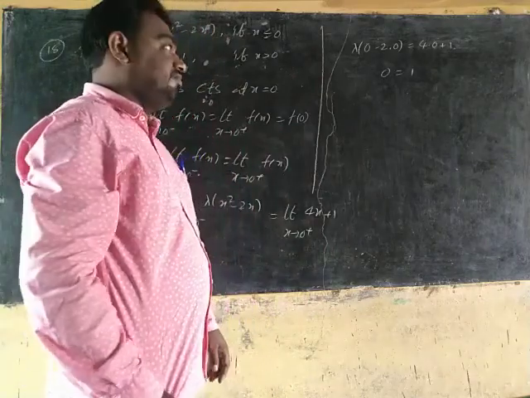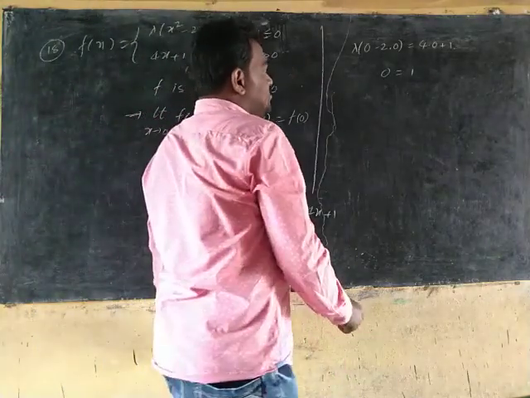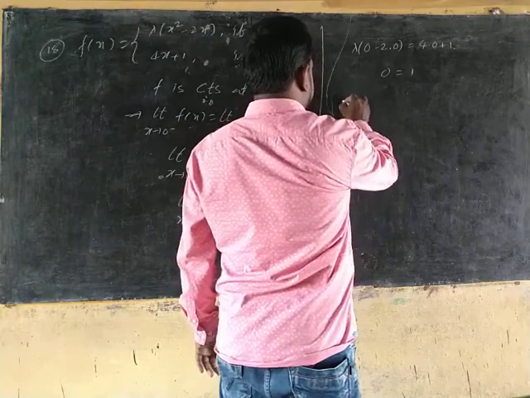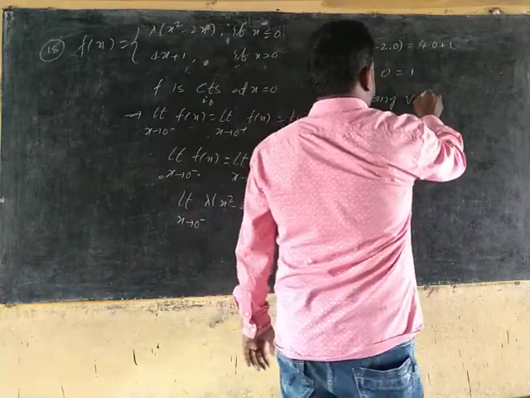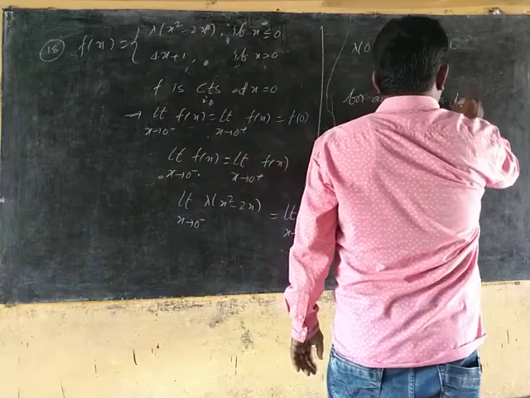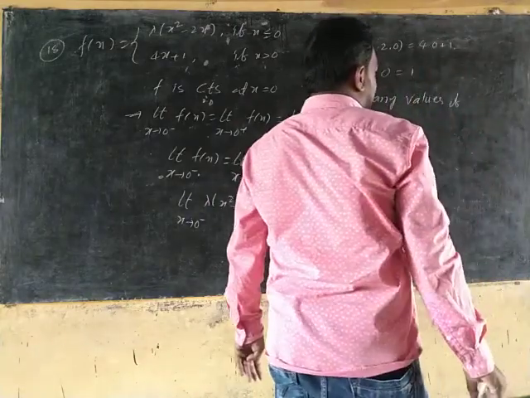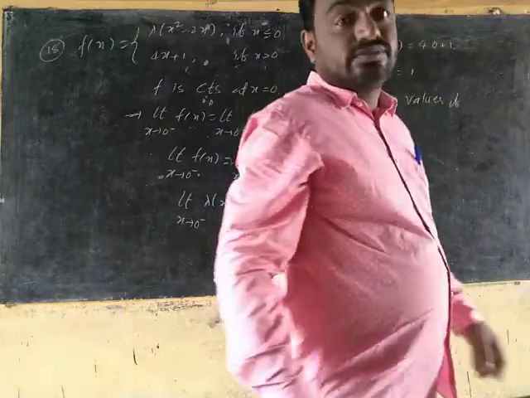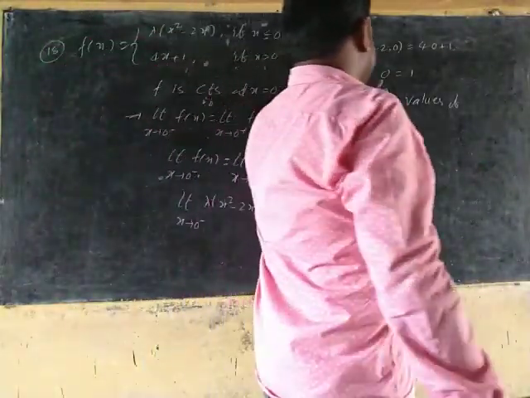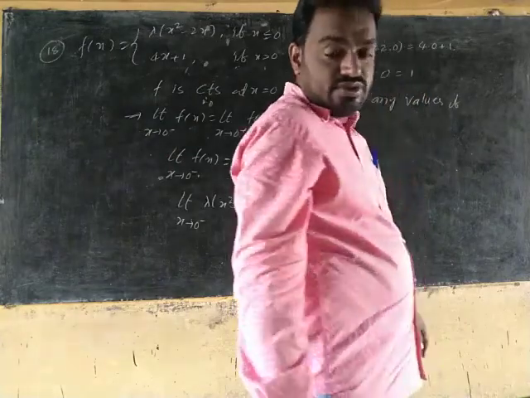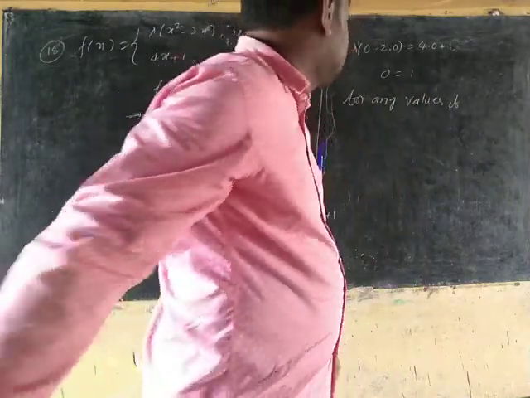That means for any values of lambda, here you see 0 is equal to 1, it is not possible. So not any values.